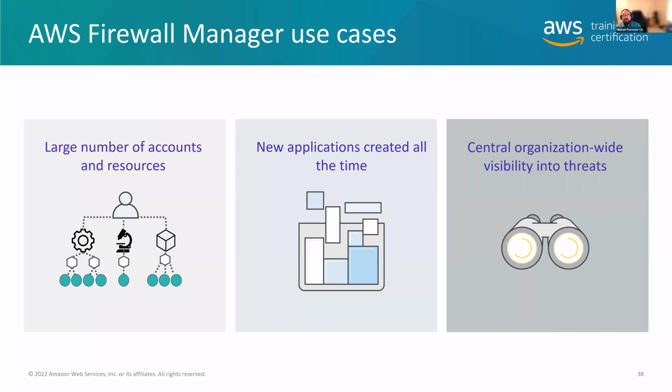So Firewall Manager is useful when you have a lot of accounts, a lot of firewalls active, a lot of WAFs active, and you need to be able to create a minimum base standard that's pushed across all these devices. So, if you want to get visibility, transparency into all the threats, you can do that as well.